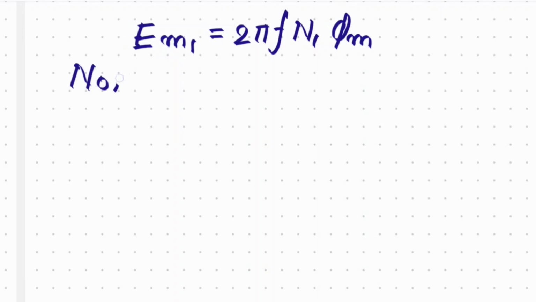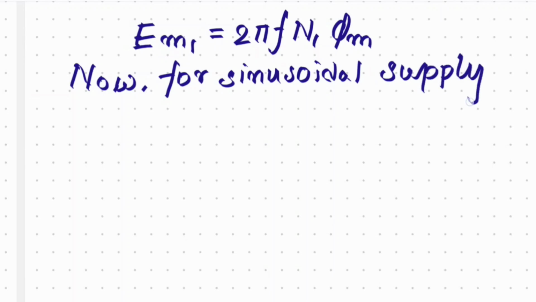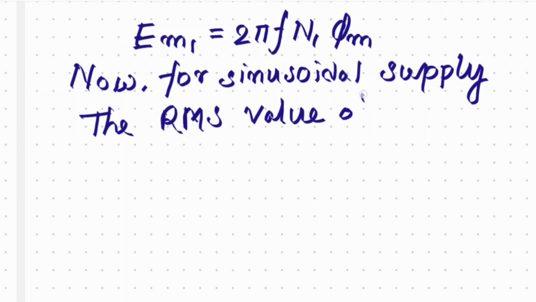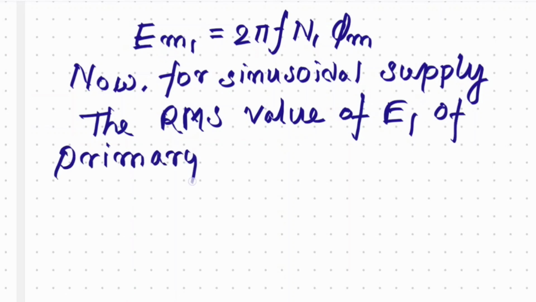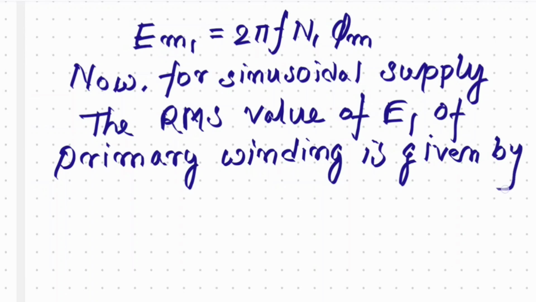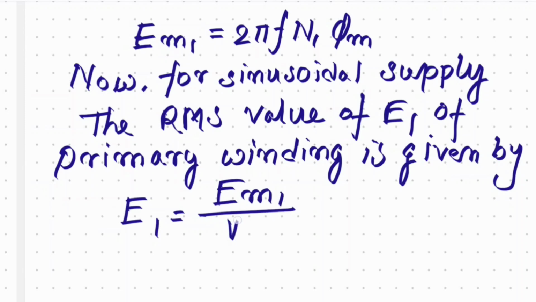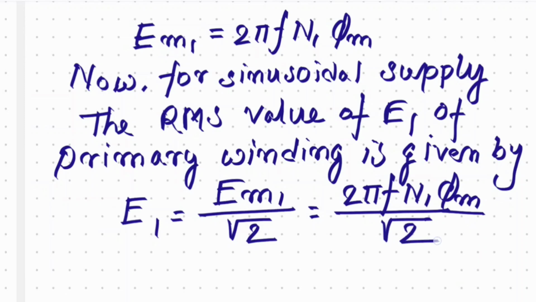Now for a sinusoidal supply, the RMS value of E1, of the primary winding, is given by E1 is equal to E m1 by root 2, so that we can write 2 pi f N1 phi m by root 2.